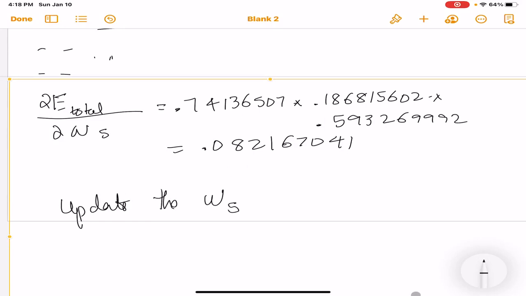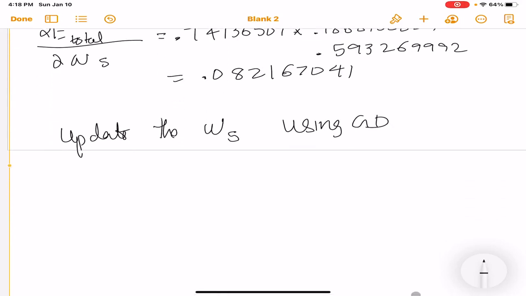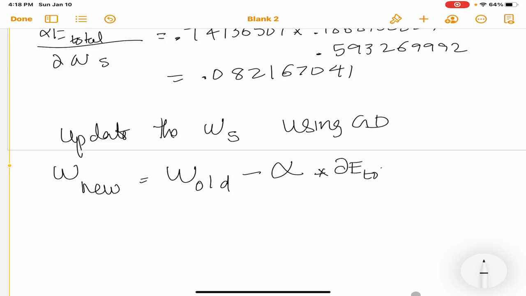So once we have got this value, the next step is to update the weight of W5 using our gradient descent algorithm. So according to gradient descent algorithm, new weight is equal to old weight minus the learning rate alpha into gradient, which is dou E total divided by dou W old, right?